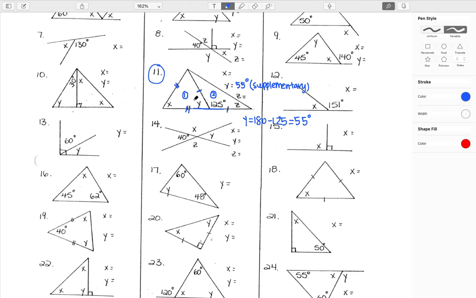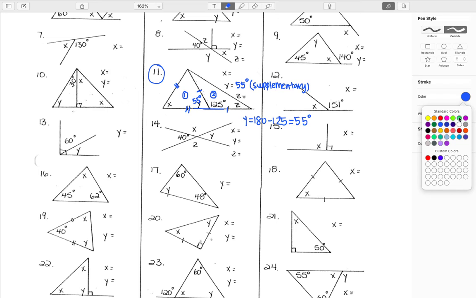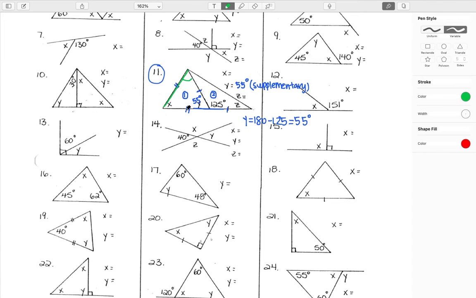So if y is 55 degrees, now we know that because the tick mark is on this side, x and y are not the same. Because it's isosceles on this side, this angle must be the same as the angle over here. So this must be 55.